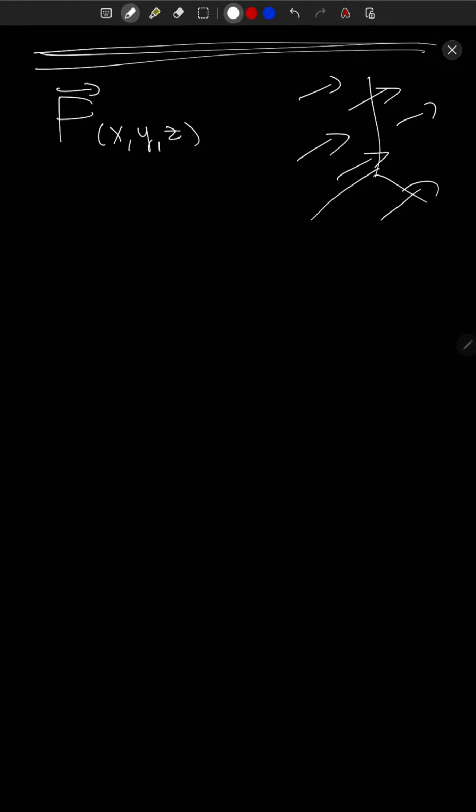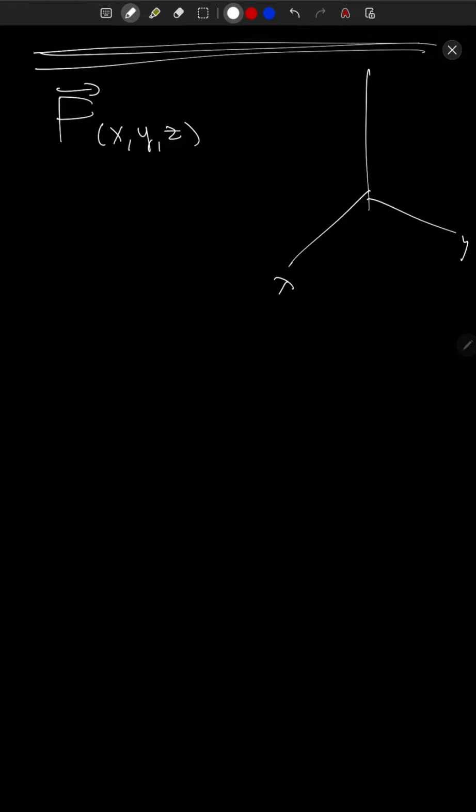Let me redraw this. So I have space, and I have a vector field, which we just represent as a vector at every point. And I have a surface. I'm interested in how this vector field behaves relative to this surface.